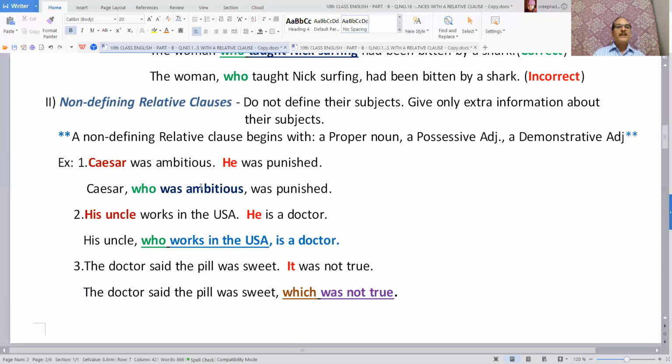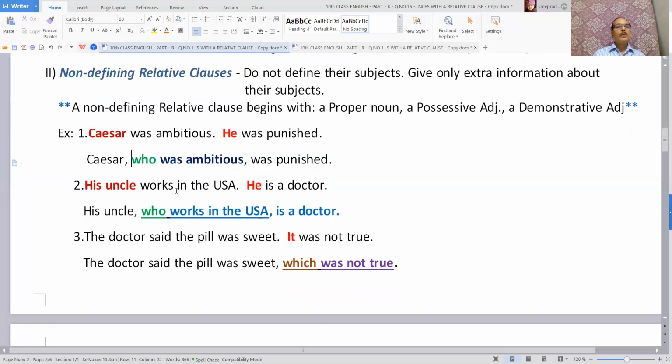Even if you delete who was ambitious, Caesar was punished has its own meaning. So this subordinate clause just adds extra information about the subject Caesar, which is a proper noun. So that's why this clause, who was ambitious, is called a non-defining relative clause.